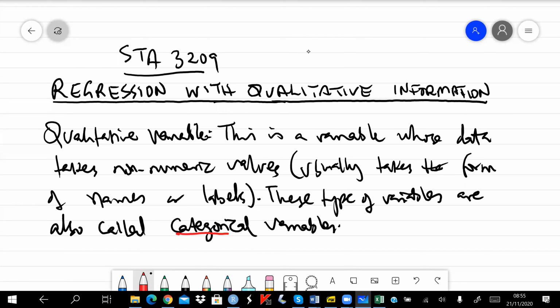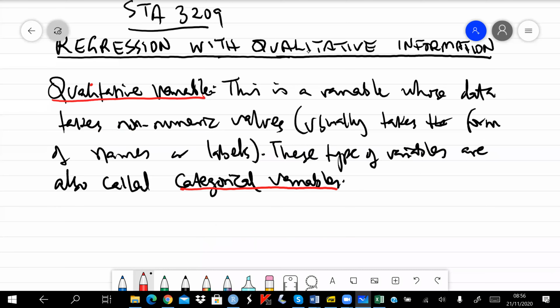So sometimes these names are used interchangeably: qualitative variables and categorical variables. The opposite is what you call quantitative. And remember, as we said in our previous classes, quantitative variables are variables whose data takes numeric forms. The data is in form of numbers. And from the quantitative variables, we have continuous variables and discrete variables. Then today we are looking at qualitative variables and how we can use them in regression analysis.